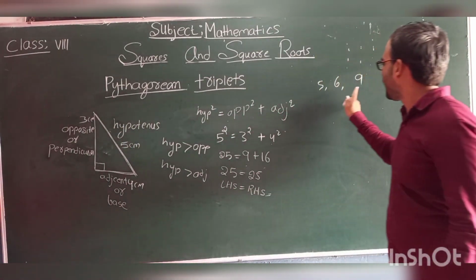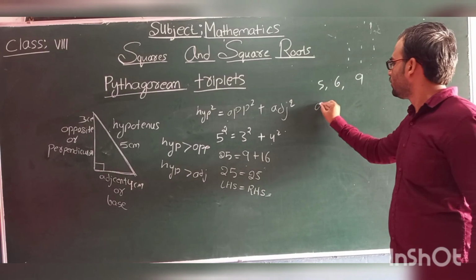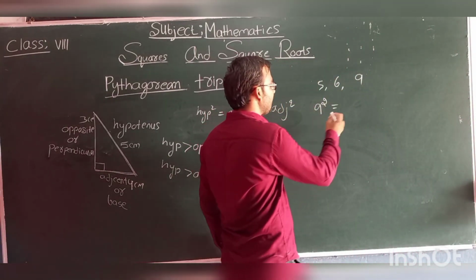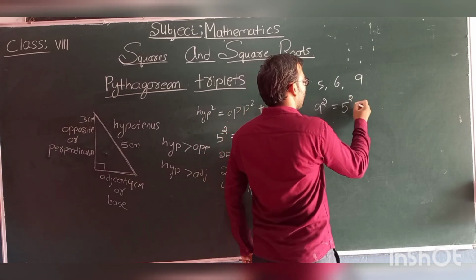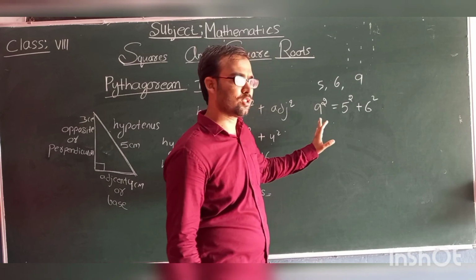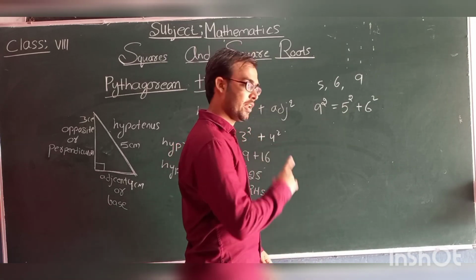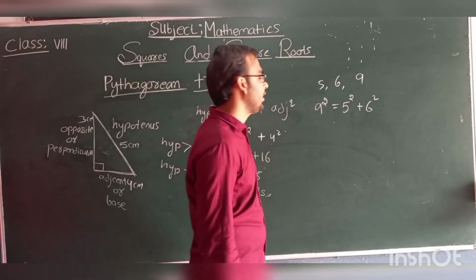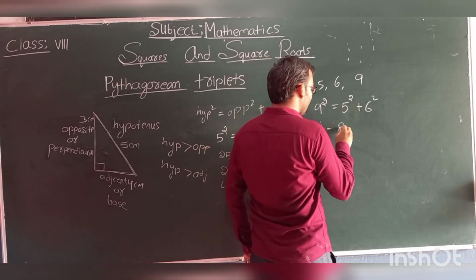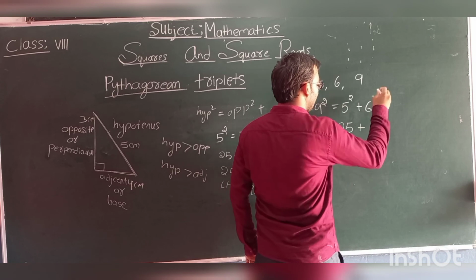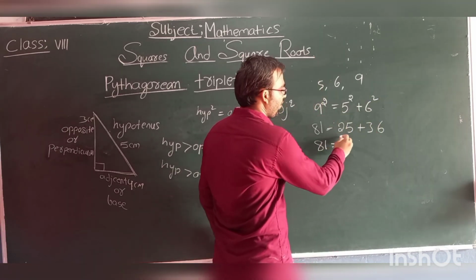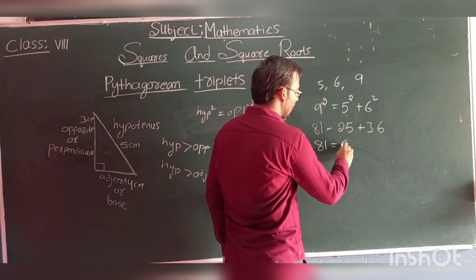So if you take the hypotenuse as 9, then according to the relation, 9 square must equal 5 square plus 6 square. 9 square is 81, 5 square is 25 and 6 square is 36. That is 81 equals 25 plus 36, which is what, students?